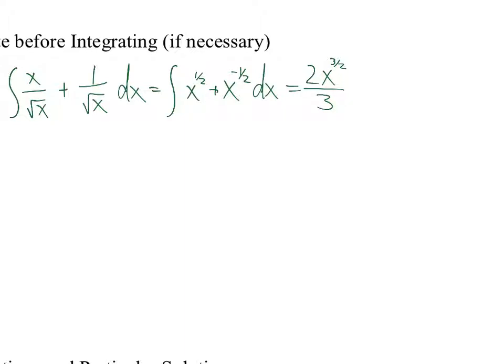And then for the negative 1/2, plus a half, so x to the positive half, divided by a half is times 2. So there we have it.